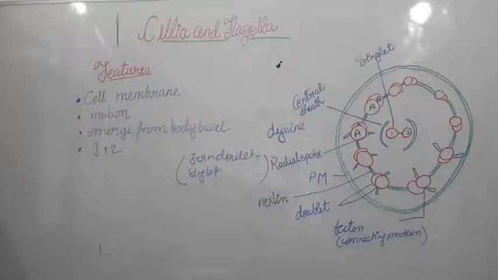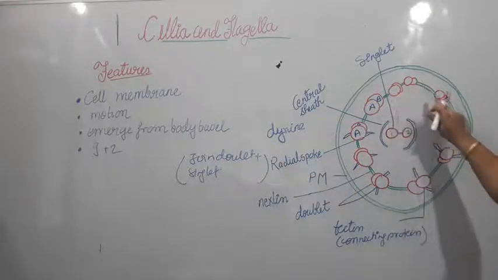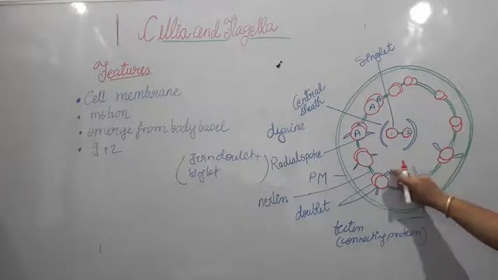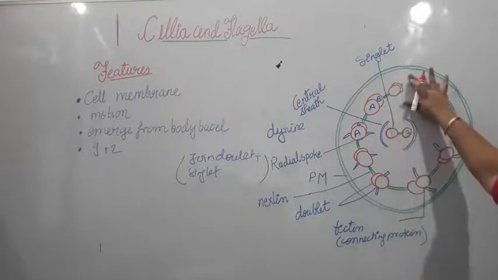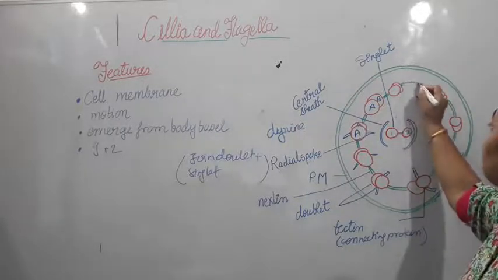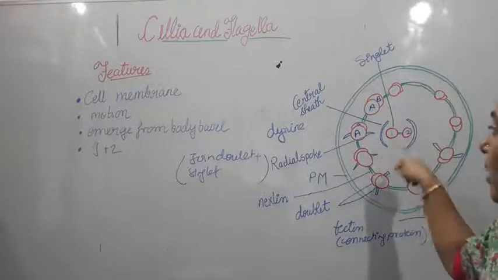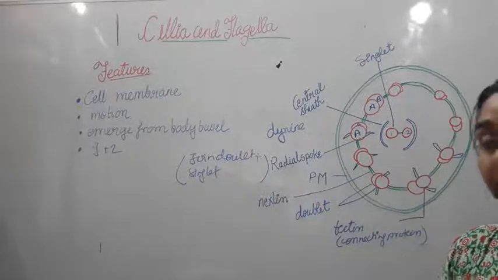There I have mentioned 2, and I have written singlet. Next we have the number 9. As you can see, 1, 2, 3, 4, 5, 6, 7, 8, 9. Why is there an extra? Okay, I'll erase the extra one. So there are these 9 circular structures which you can see over here. This is 9 in number. So I have mentioned 9 over there.